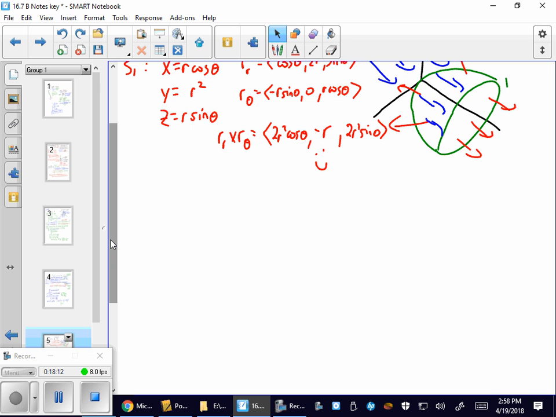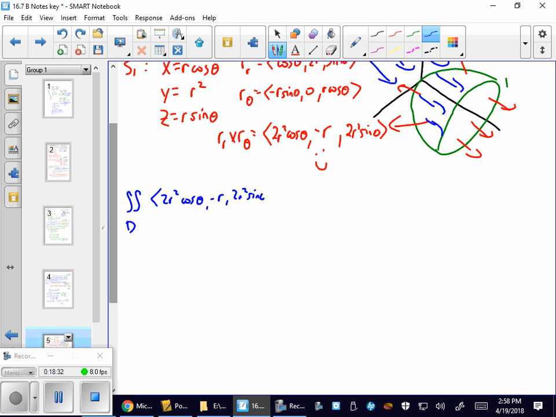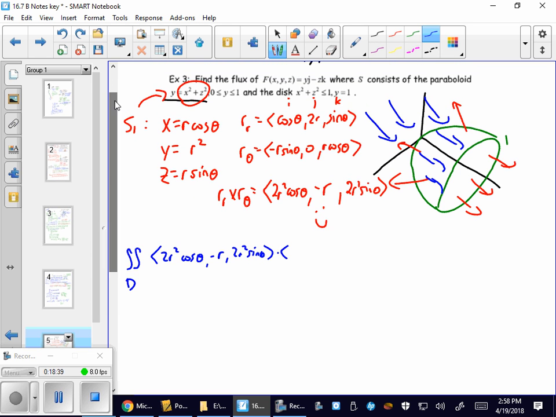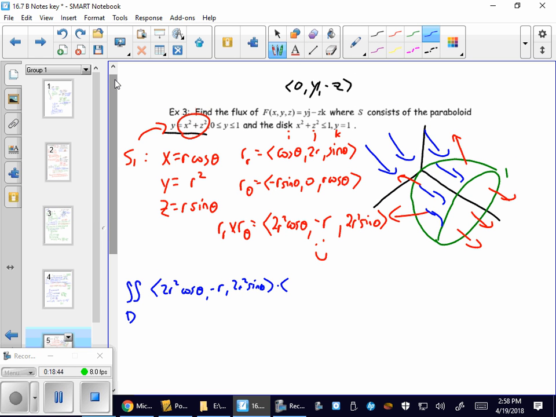All right, so let's go ahead and take the integral. Double integral over D. We have to do the dot product, which is going to be 2r squared cosine theta, negative r, 2r squared sine theta, dotted with the original function, which was 0, y, and then negative z.